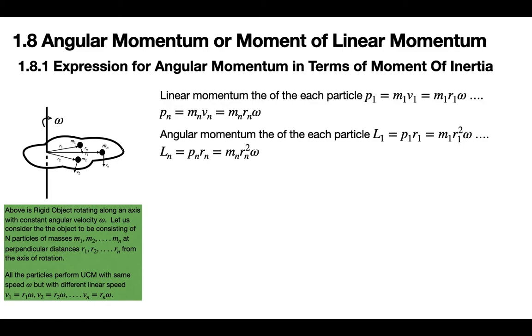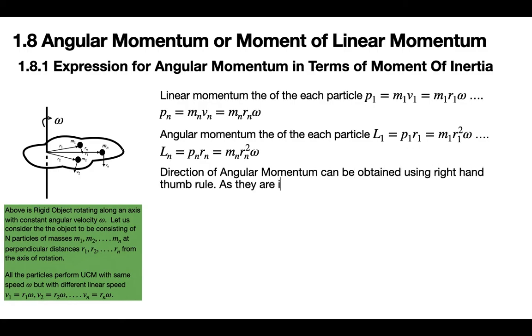And the angular momentum of each particle is nothing but the linear momentum into the distance from the axis. So L1 is equal to p1 r1, which becomes m1 r1 square omega. L2 is equal to m2 r2 square omega. Ln is equal to mn rn square omega.